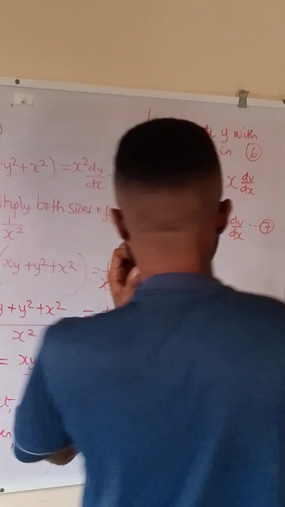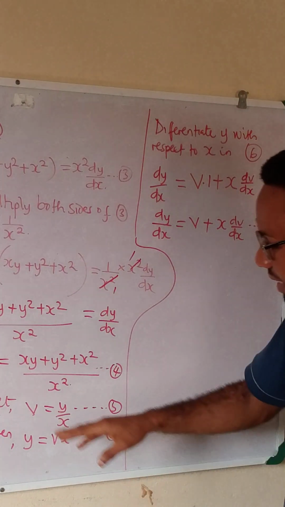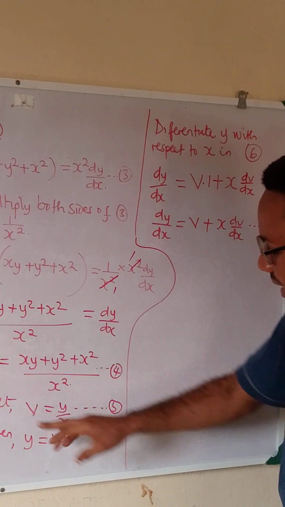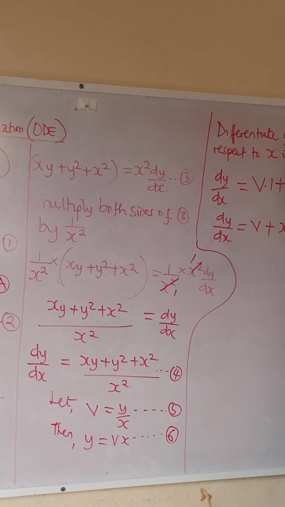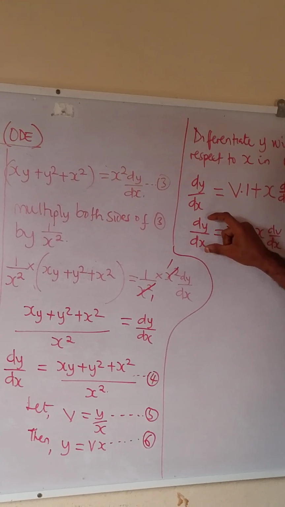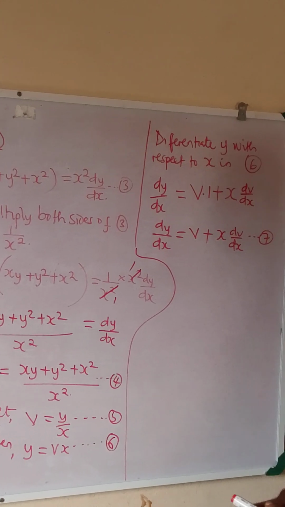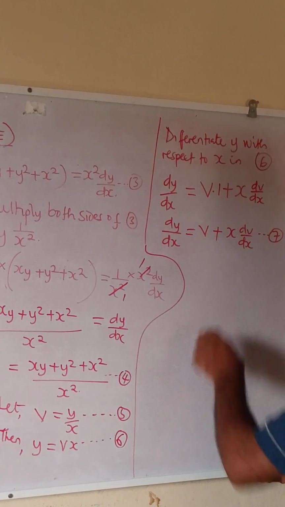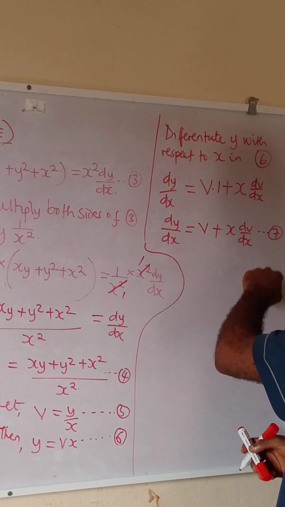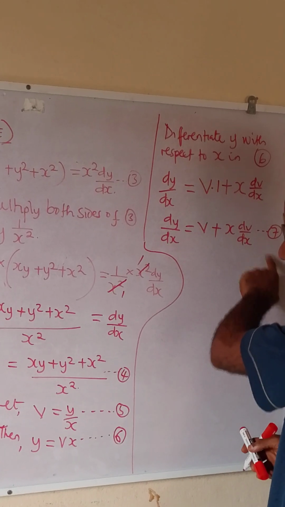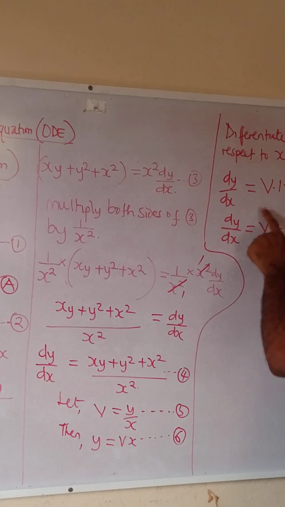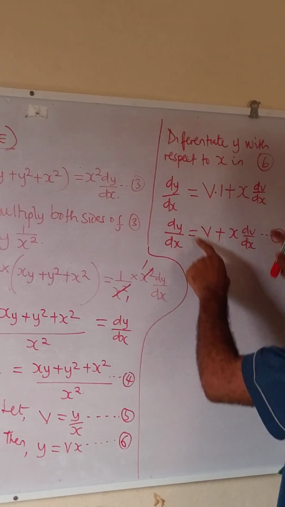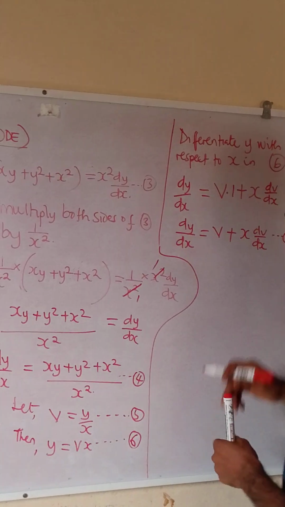So now there's something you have to understand. We have that in equation 4, dy/dx equal to this, and in equation 7 rather, we've been able to determine the value of dy/dx. So we are going to put the value of dy/dx we have in equation 7 into equation 4. So this is now the value of dy/dx. So we'll bring it into this equation.